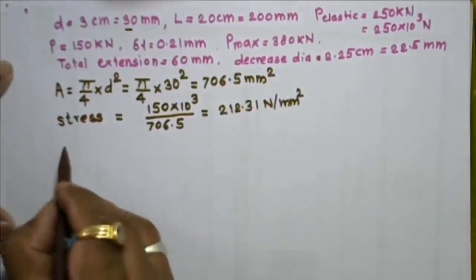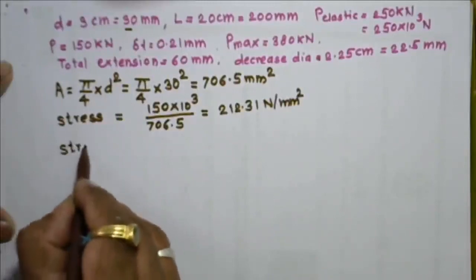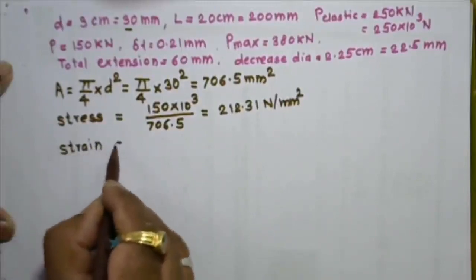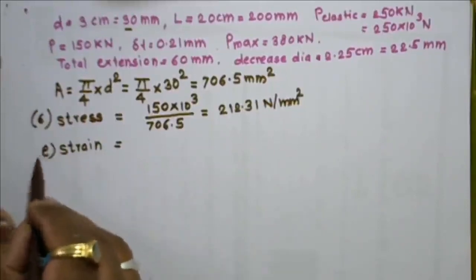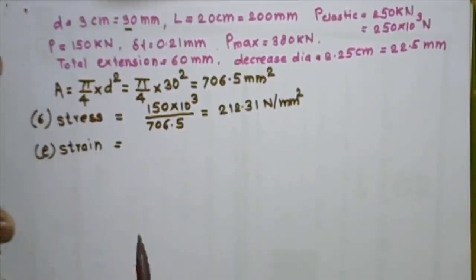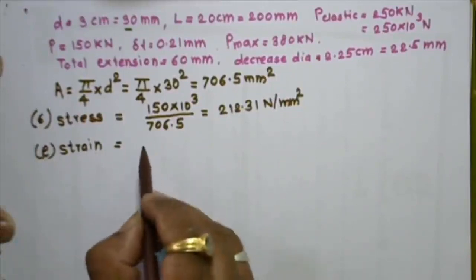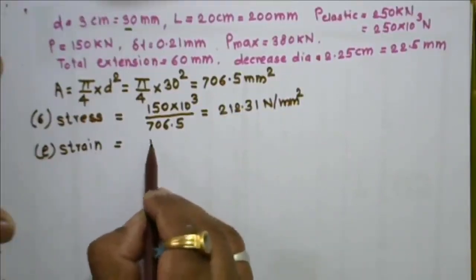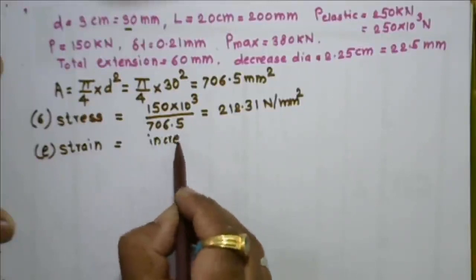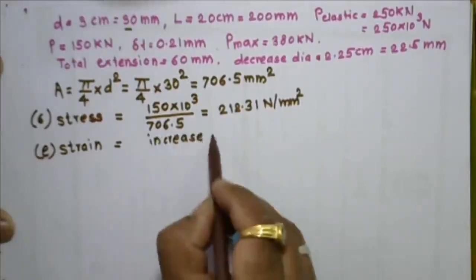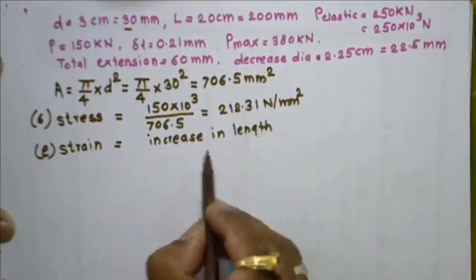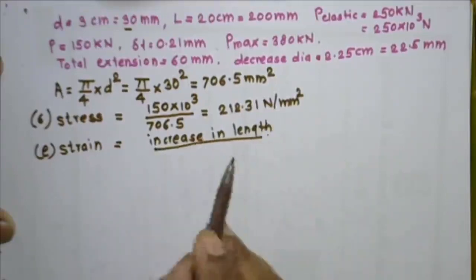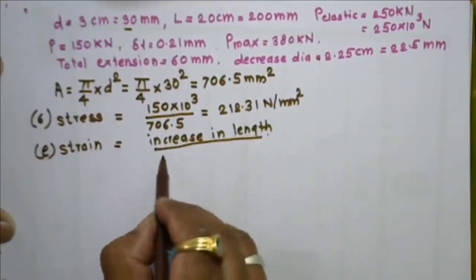Now strain, small e, or you may say epsilon, is equal to increase in length, or you may say extension, upon original length. In the numerical the word extension is used for increase in length.